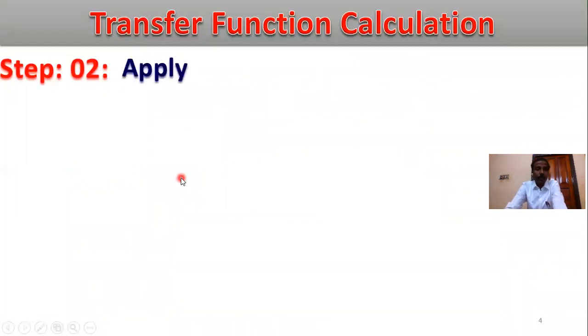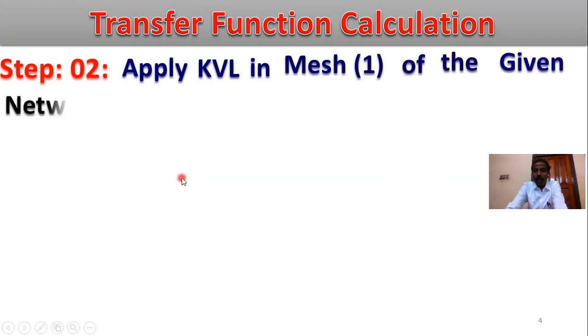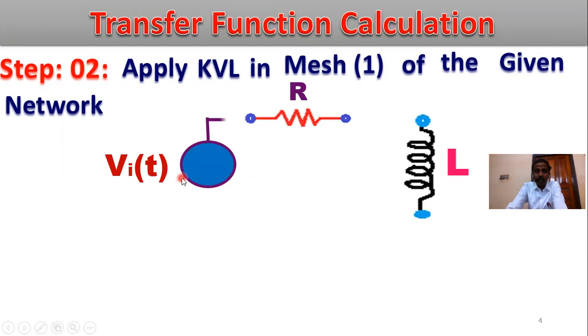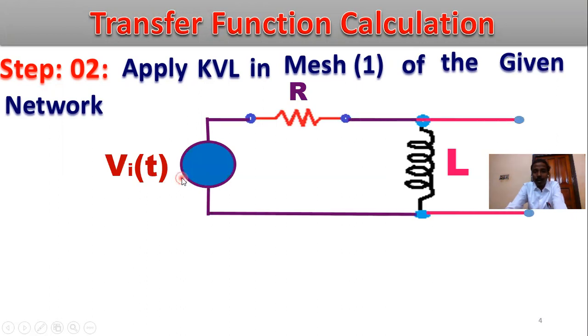Next, step number 2: apply KVL in mesh 1 of the given network. What is mesh 1? This is the given network already discussed. This is the loop current i(t), and this is mesh 1.